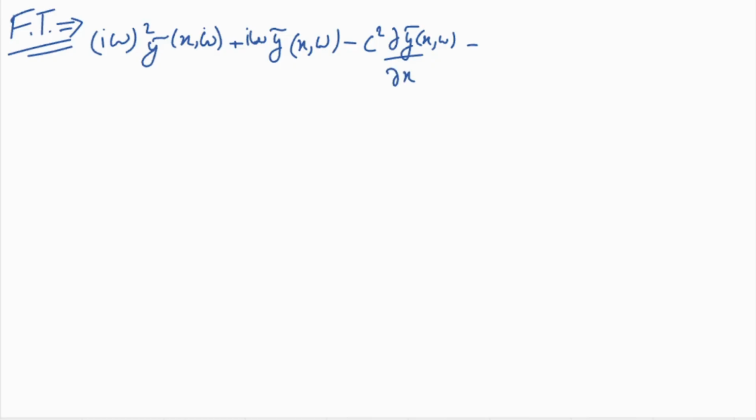Why is it 0? Because there is no external force. Our f of x comma t function is 0. But where can we find them? We can find them in forced oscillators, not here. Okay, so let it be 0.